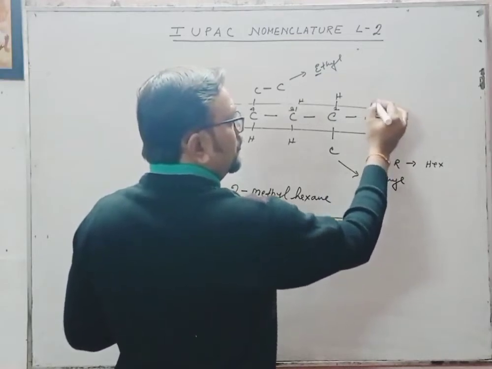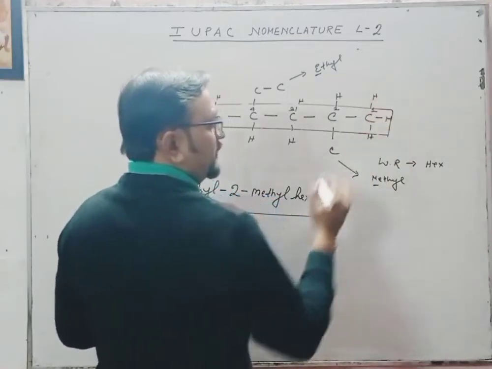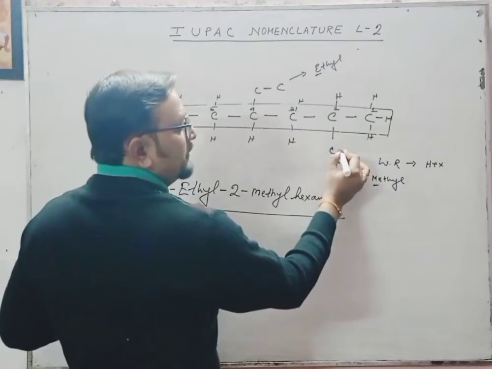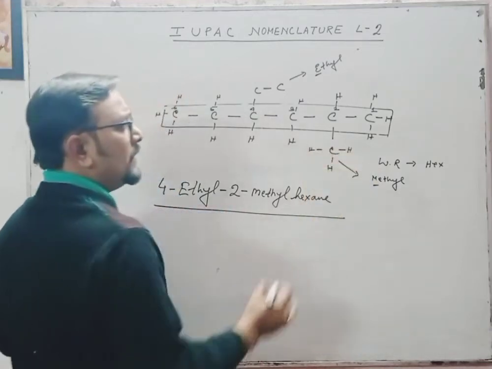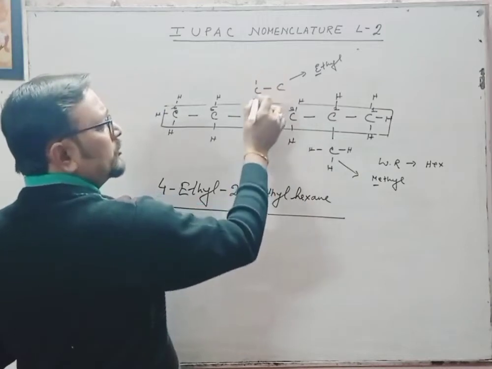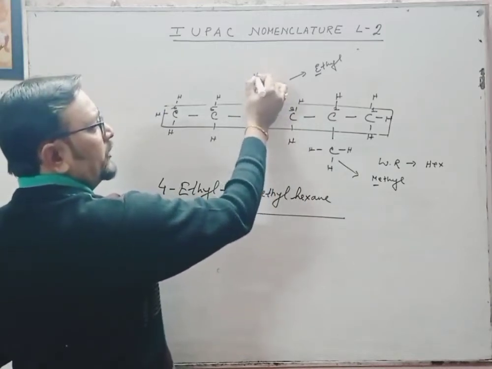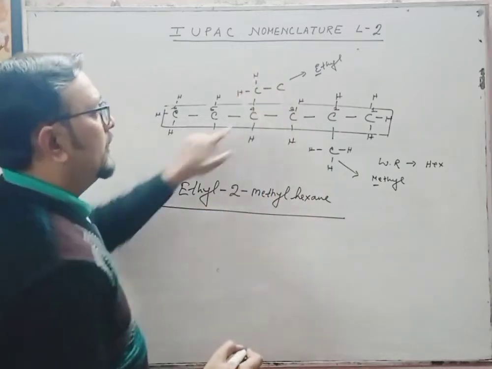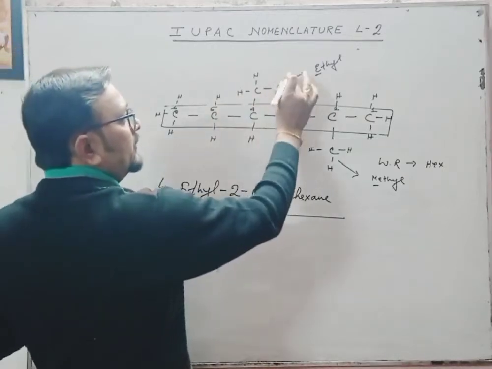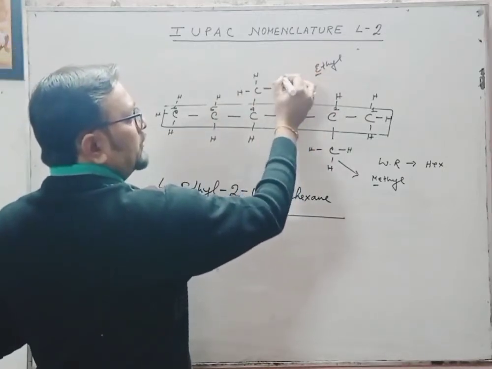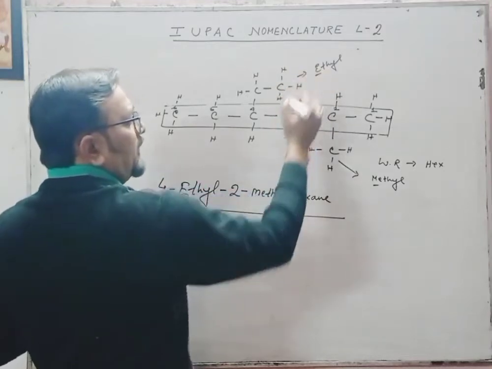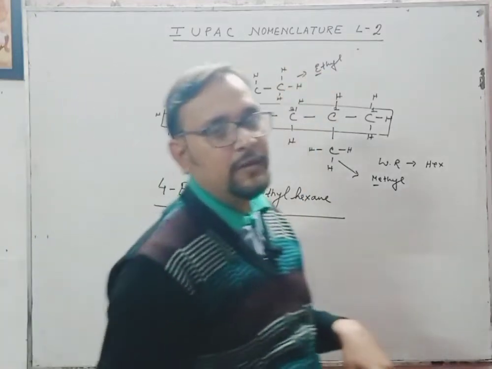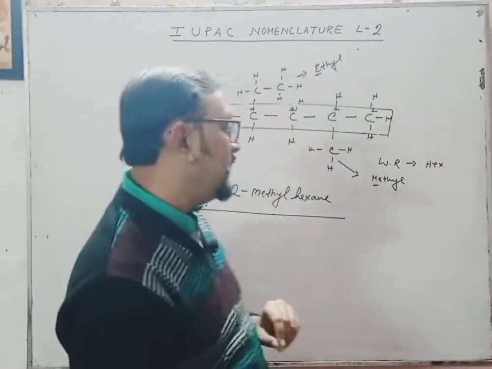Finally 4 here. Here one bond is given, so 1, 2, 3, 4. Now count here, 1, 2, already 2 bonds are given, so 3 and 4. Count here, 1 bond is already given, so 1, 2, 3 and 4. All these bonds are covalent bonds.